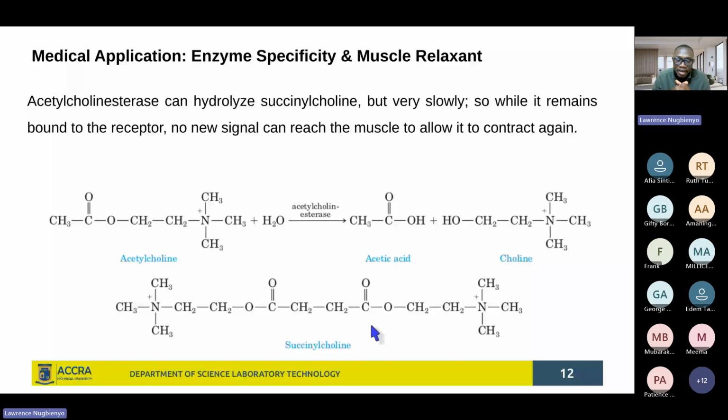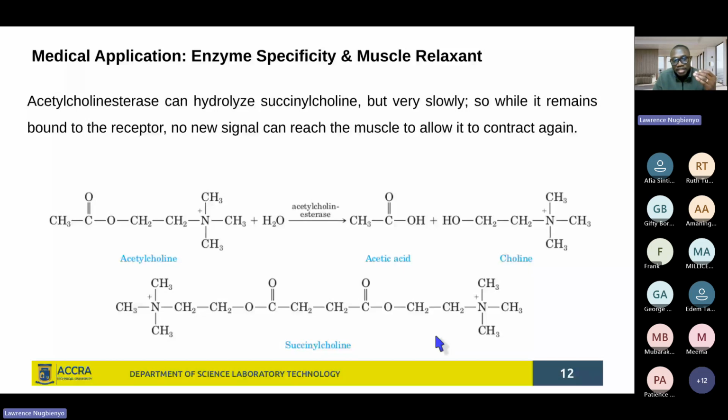So you have that full molecule, succinylcholine, as a dimer of acetylcholine. Now, the enzyme acetylcholine esterase, just as it's able to hydrolyze acetylcholine into acetic acid and choline, can also hydrolyze succinylcholine. It can break down succinylcholine, except that it can do that at a very slow pace.